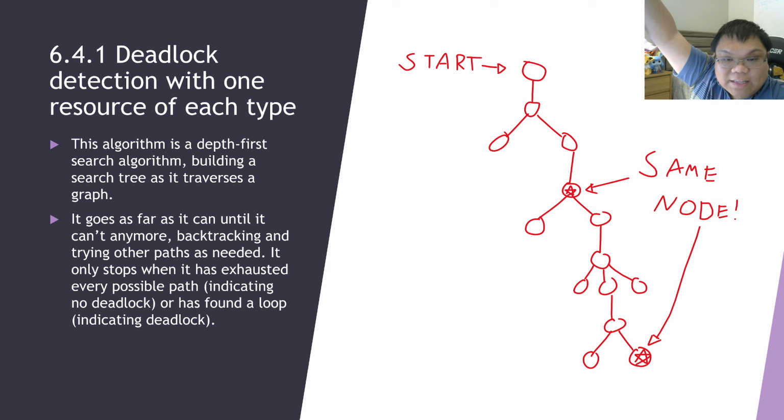Eventually it hits a dead end again, it backtracks, tries some other path, and so on. So it's going to go as far as it can down this graph, and for our purposes, it's going to stop if it encounters the same node twice, or it has exhausted every possible path.